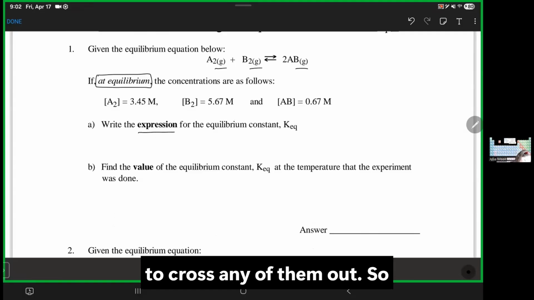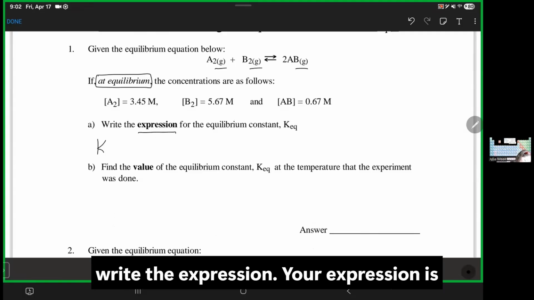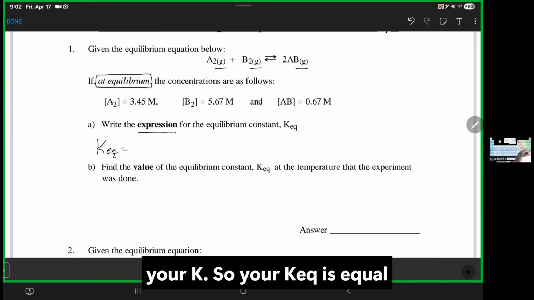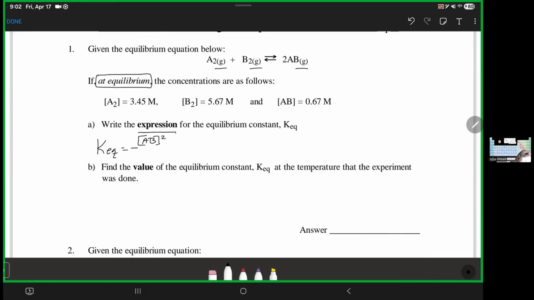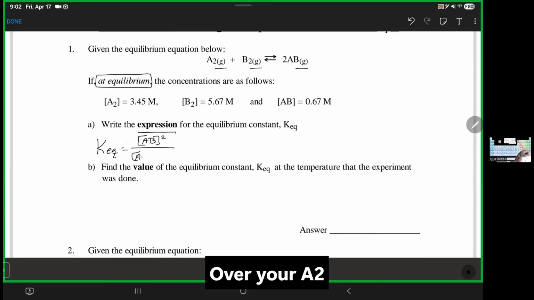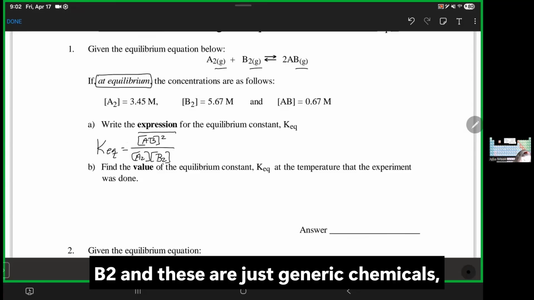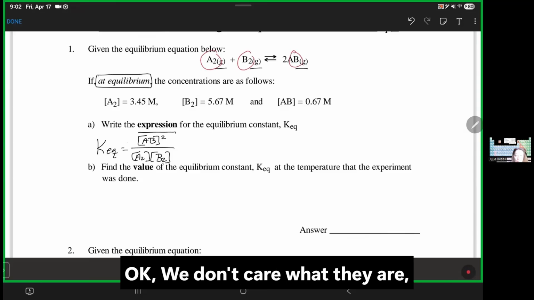So write the expression. Your expression is your K, so your KEQ is equal to your products, so your AB raised to the 2 over your A2 times B2. And these are just generic chemicals. Okay, we don't care what they are.